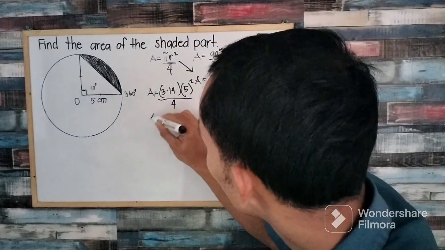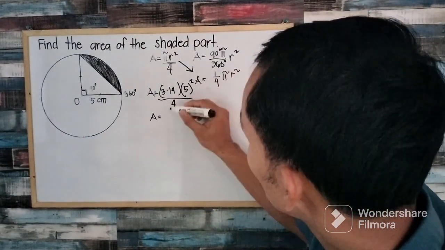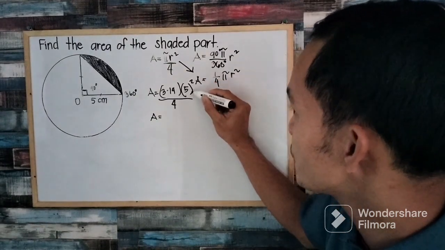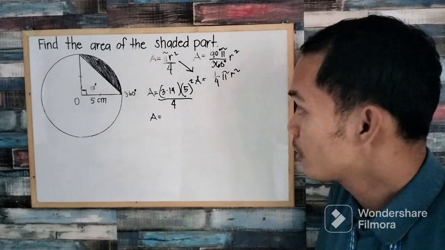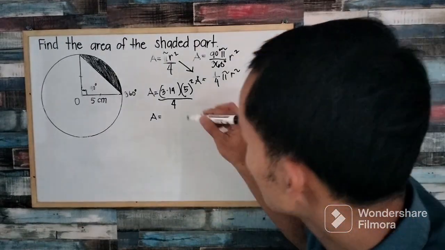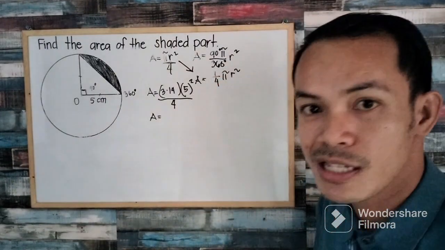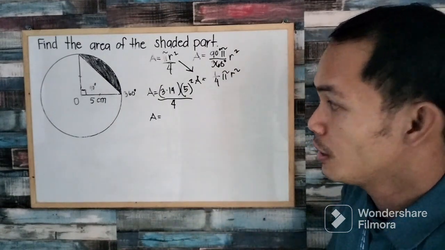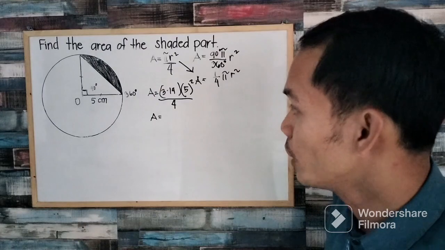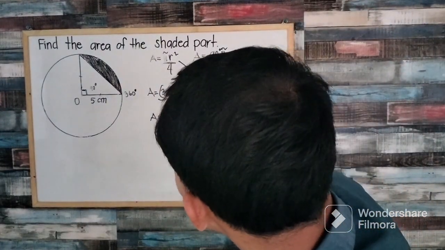And then, we have here area is equal to, of course, you have to express this first into standard form. Kasi yung 5 natin is in exponential form. So, gagawin natin dyan is, we have to express that into a standard form. So, 5 squared is 5 times 5. So, that is 25.